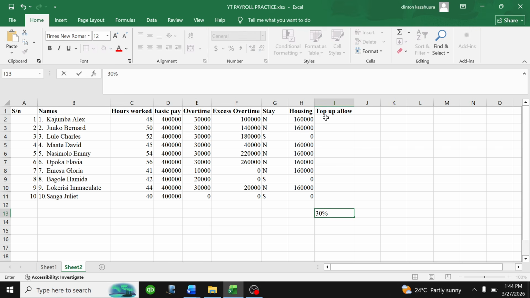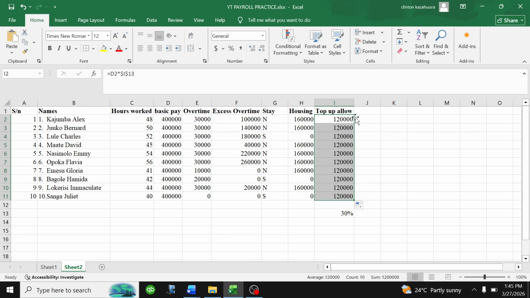Then I come where I want to put an equal sign, press the basic pay, then times this cell where I have 30%. But before you apply it, we advise you that please you first lock the cell. So you come here and put a dollar sign. Then you come here in between the characters, you also put a dollar sign. Then you can successfully apply it to your employees.